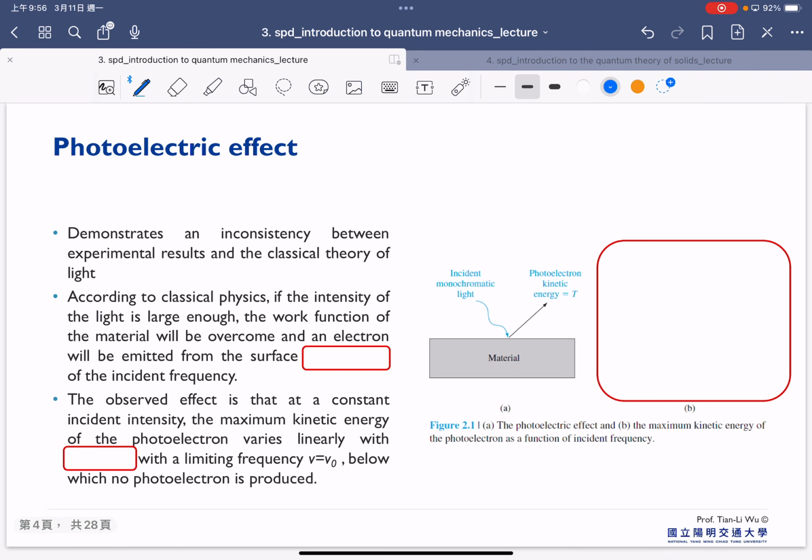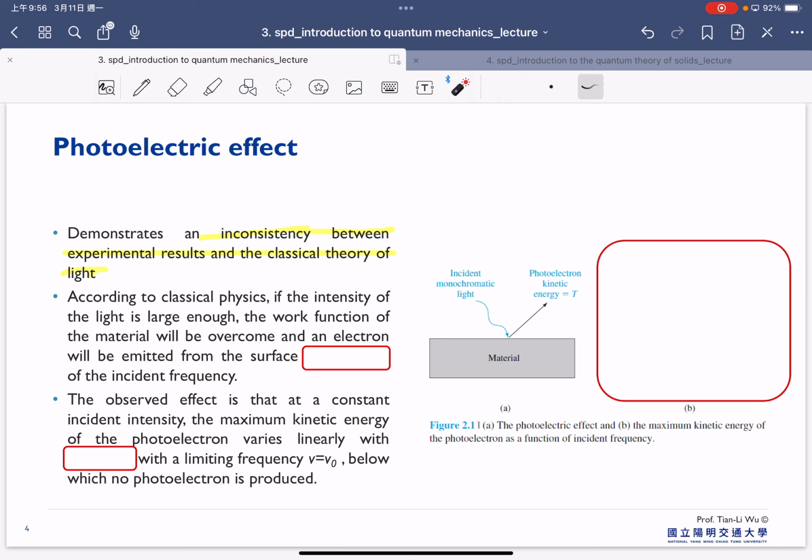And there's something more. It's like the knowledge from modern physics, for example, the photoelectric effect. This is a phenomenon that demonstrates inconsistency between experimental result and classical theory of light.